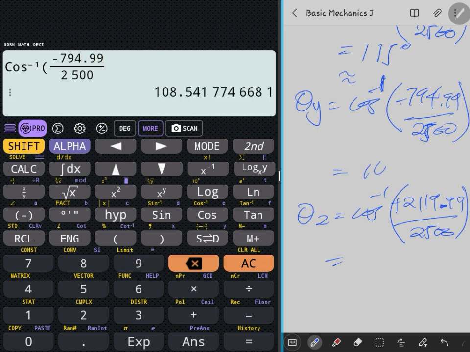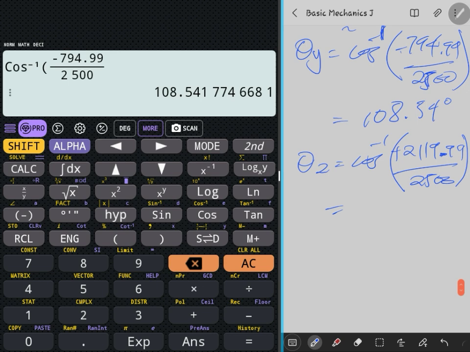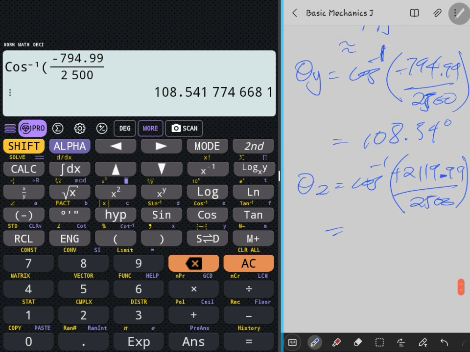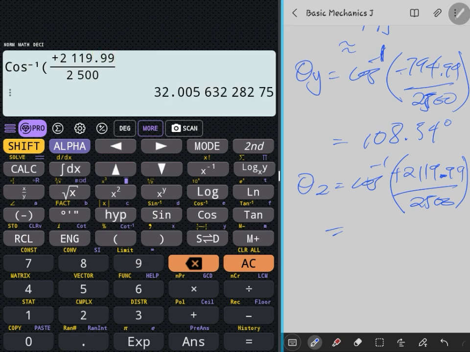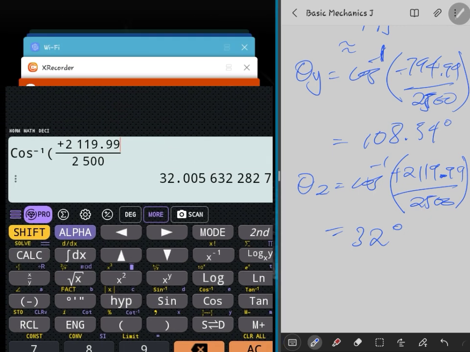That's giving us 108.54 degrees. And then theta z, that's positive, right? And here we have 32 degrees. Yes, we are done. Let's see if we are on the right path.